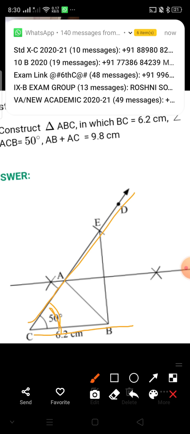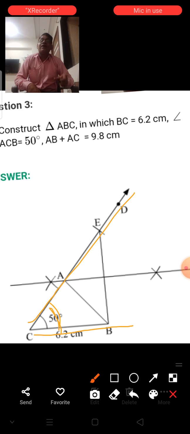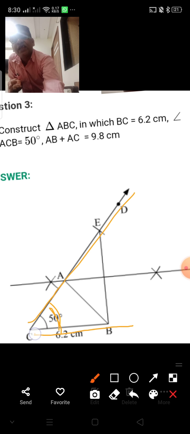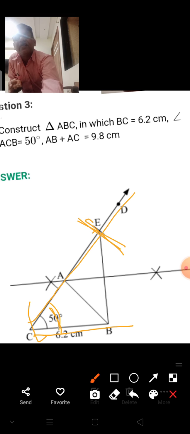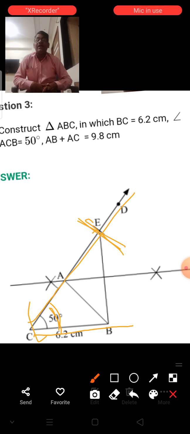Okay, after that you have to take a distance AB plus AC, means 9.8 in a compass, and put the compass on C and draw the arc on the ray. This length is 9.8. This is called E now. Okay, now you have to join EB.